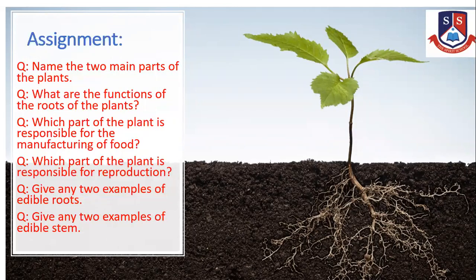Which part of the plant is responsible for the manufacturing of food? Which part of the plant is responsible for reproduction? Give any two examples of the edible roots and give any two examples of the edible stem.